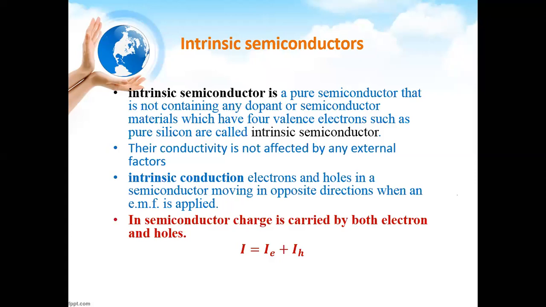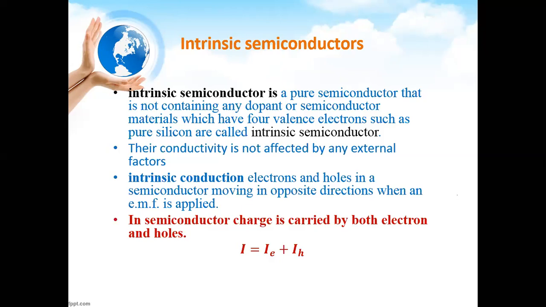When you give an electron from outside, you are going to dope the semiconductor, and you are going to make it an extrinsic semiconductor. Okay, so intrinsic semiconductors' conductivity is not affected by external factors.